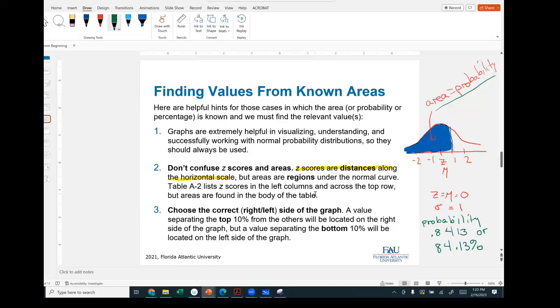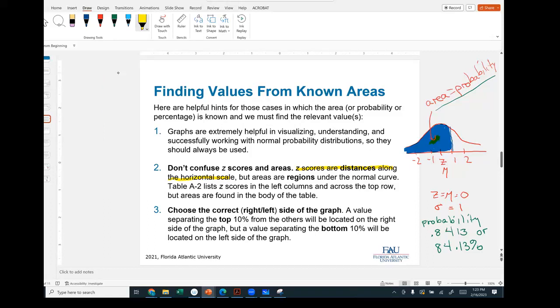But it is important to know what the differences are. So we have to choose the correct left or right side of the graph. So if it says a graph separating the top 10% from the others will be located on the right side.